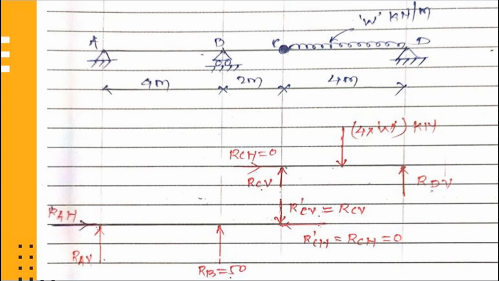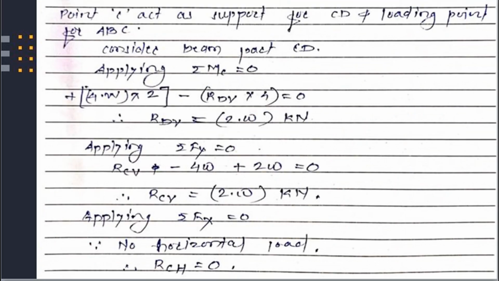Now we will give a reaction at point A. Suppose that reaction is lying in third quadrant. Therefore, we have to resolve it into two components as RAH and RAV. Point C acts as a support for CD and loading point for ABC.